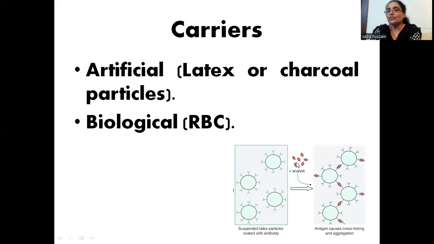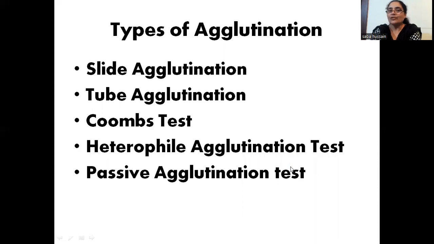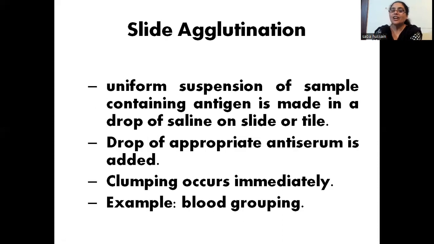If we want to detect an antigen, this latex is helping as a carrier, and we will talk about it later in another slide also. Coming back to types of agglutination reaction, they are slide agglutination, tube agglutination, Coombs test, heterophile agglutination test, and passive agglutination test. These are the different types of agglutination tests which I have mentioned on one slide itself.